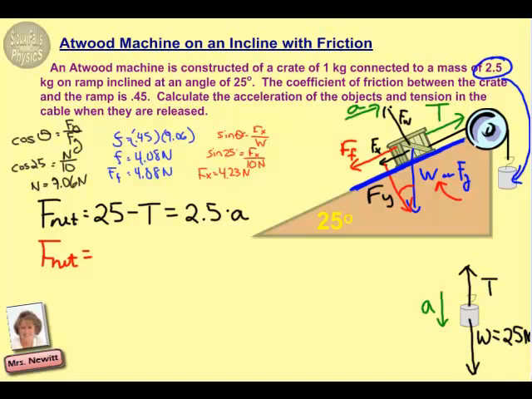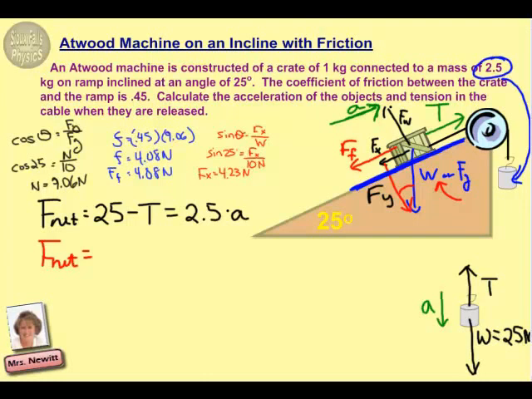The normal force, for instance, up there at the top, or that weight component, F sub y, directed into the ramp, those should be canceling each other out, and they should not have anything to do with the motion of the crate.